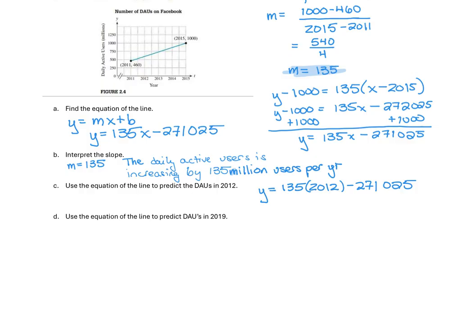If we compute this, I get an answer of 595. And remember that we do want to include our million, and then our unit, which is users.